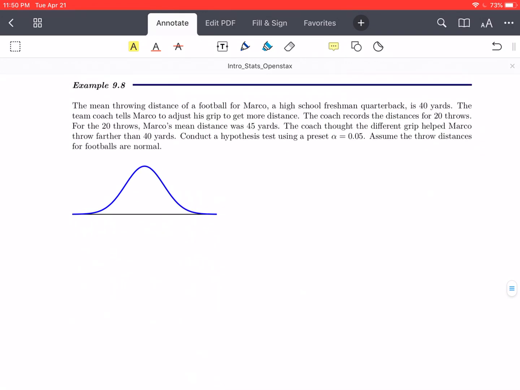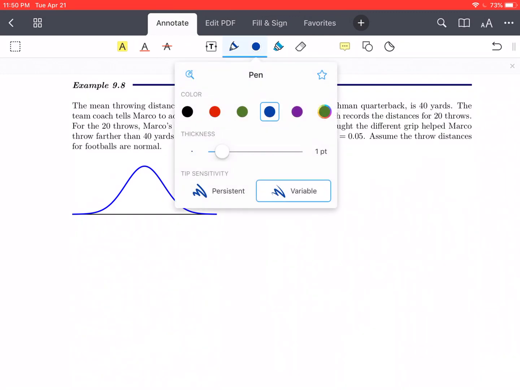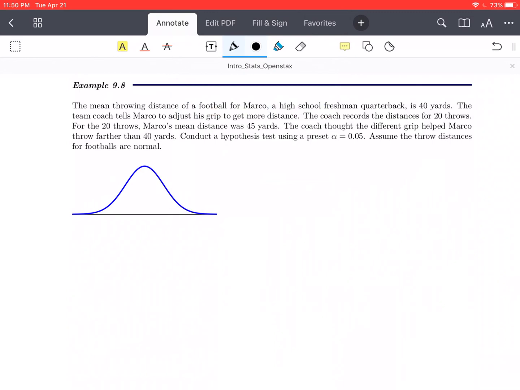So for the first example here, I do need to make an amendment to this one. There is a missing piece of information that's going to come in right here after this first sentence. So it reads, the mean throwing distance of a football for Marco, a high school freshman quarterback, is 40 yards. And then I need to add in one piece of information here.